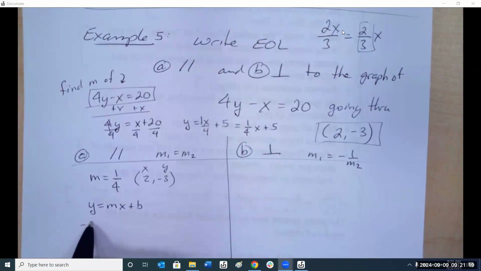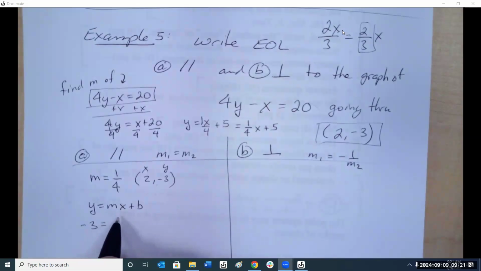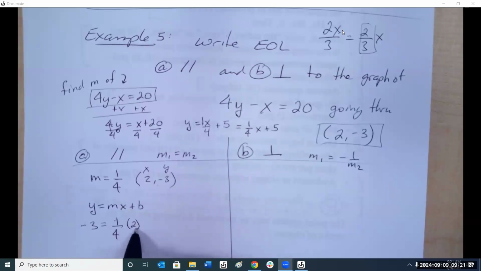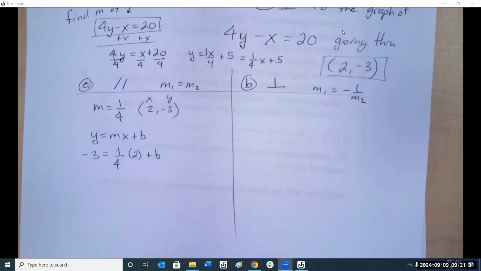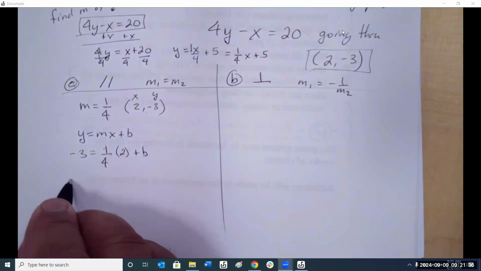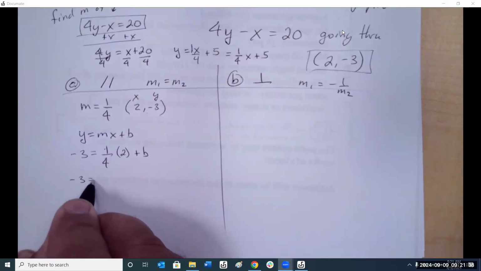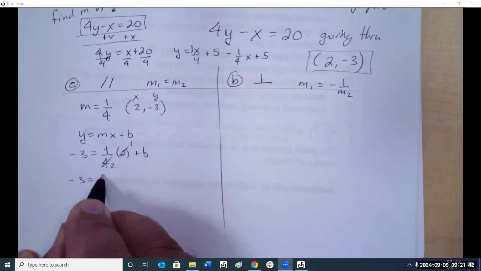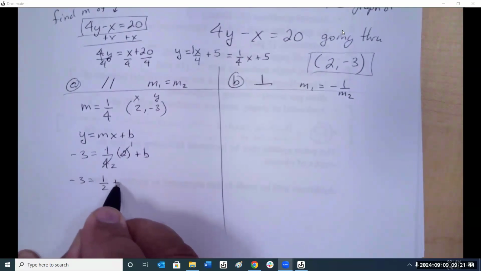So y is -3, m is 1/4, x is 2. We have to solve for b. 2 goes into 2 once, 2 goes into 4 twice, so it's 1/2 plus b.